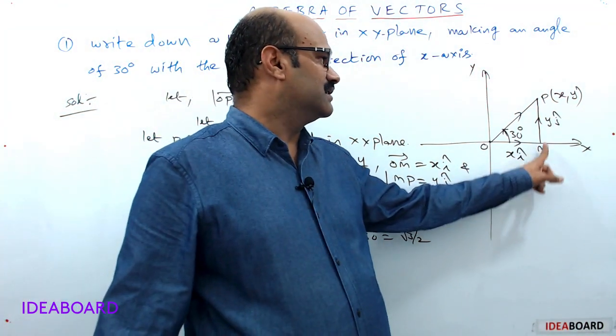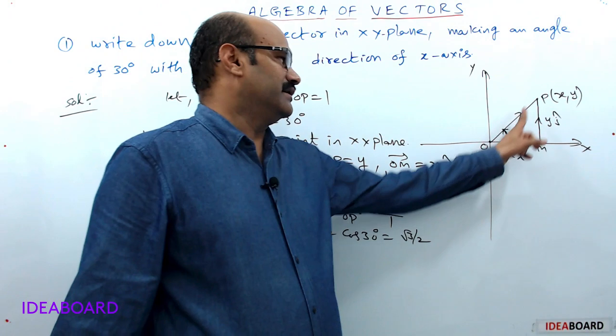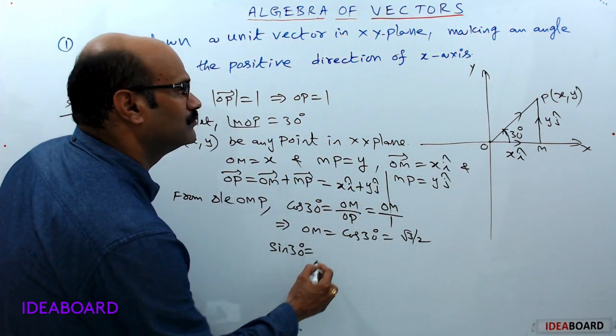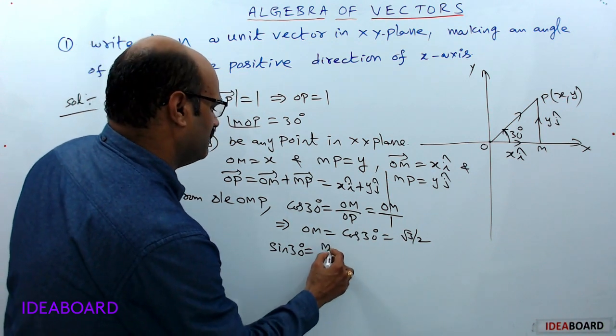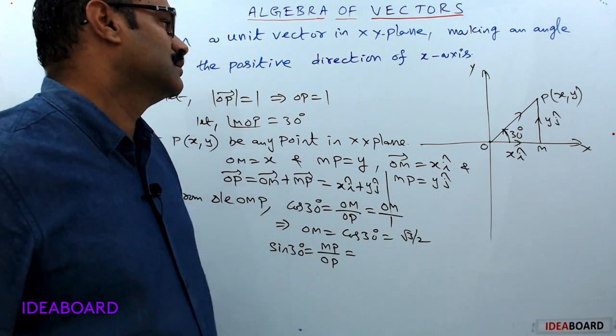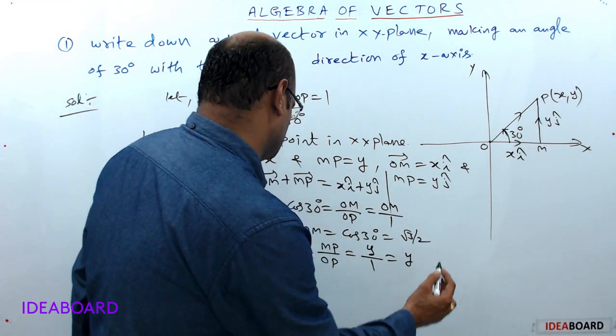Now find the length of MP. Take sin 30 here. Sin 30 degrees equal to MP by OP. MP equal to y, OP equal to 1.